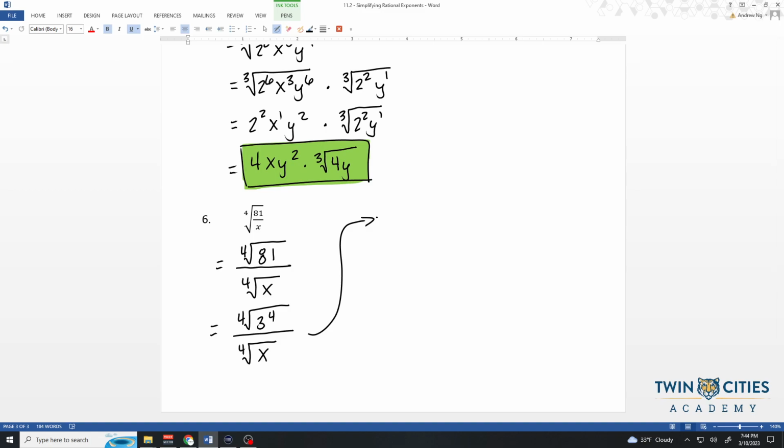All right, so this will be 3 to the 4th root, times I've got 1 left over.